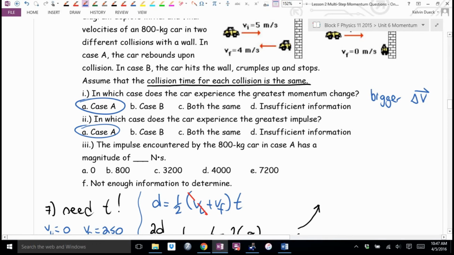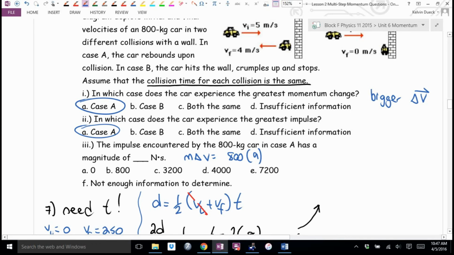The impulse encountered by the 800 kilogram car in case A has a magnitude of, well, the mass is 800. And the delta V, what'd you say it was, Connor? 9. Or -9, depending on which way you decide to make your directions.